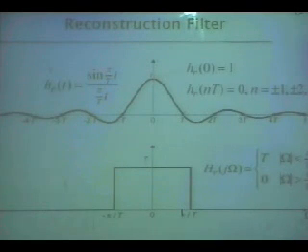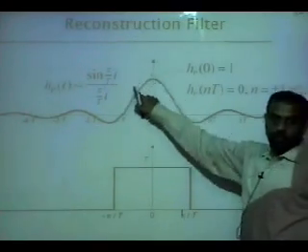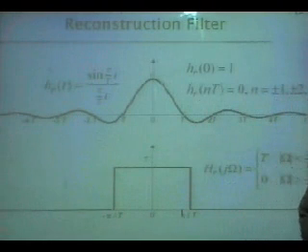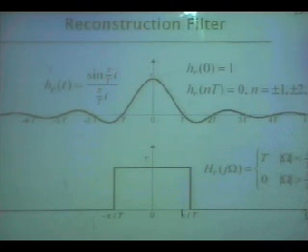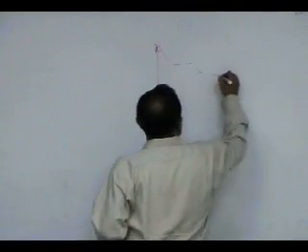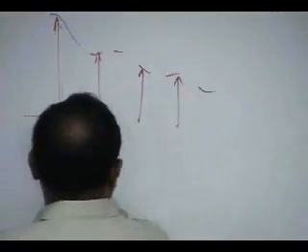So this is the reconstruction filter in time domain. It is a sinc. Now think about this sinc, which is sin(pi t / T) over (pi t / T). Now we are saying you have a signal, only these things are there. Okay?